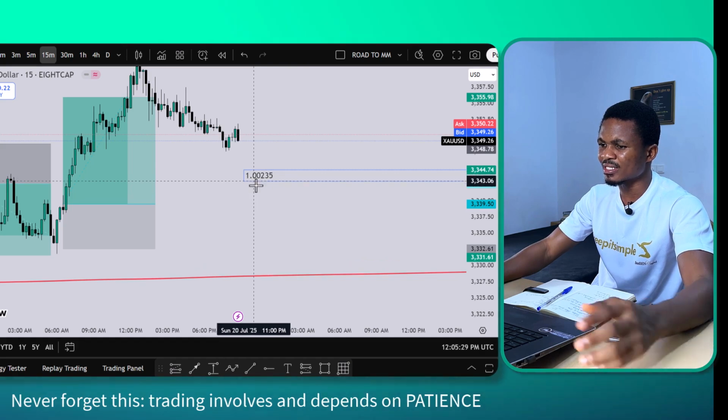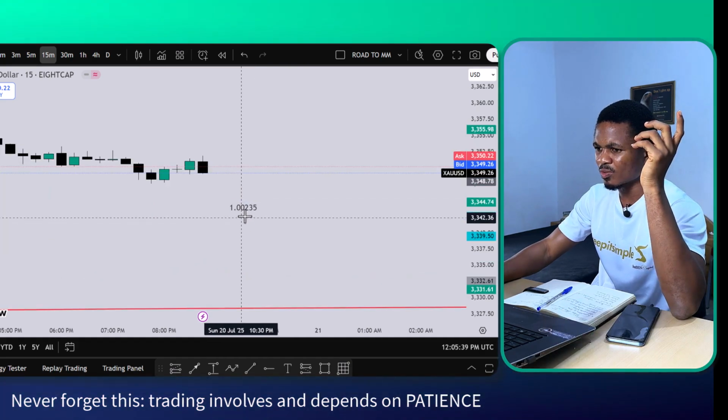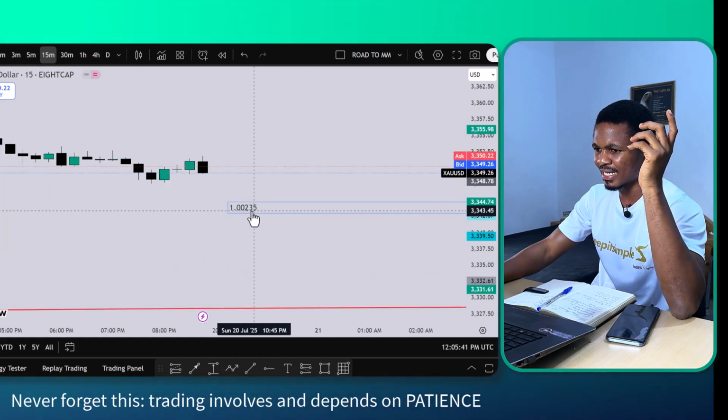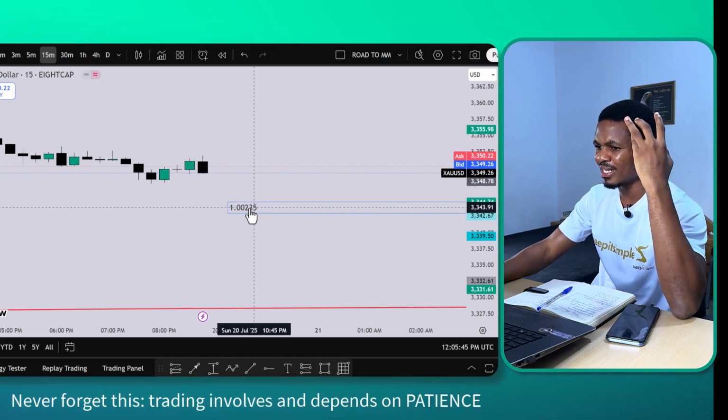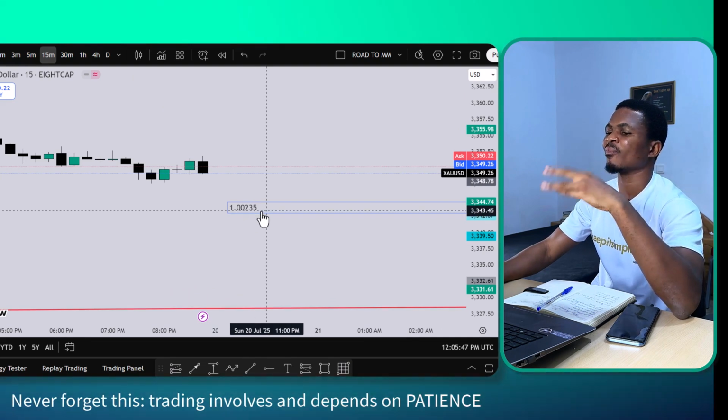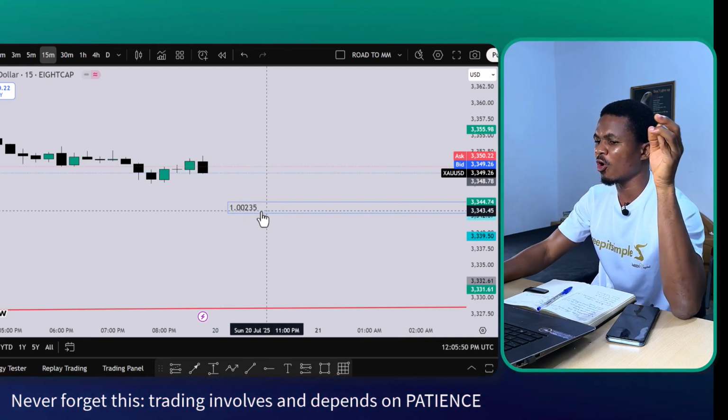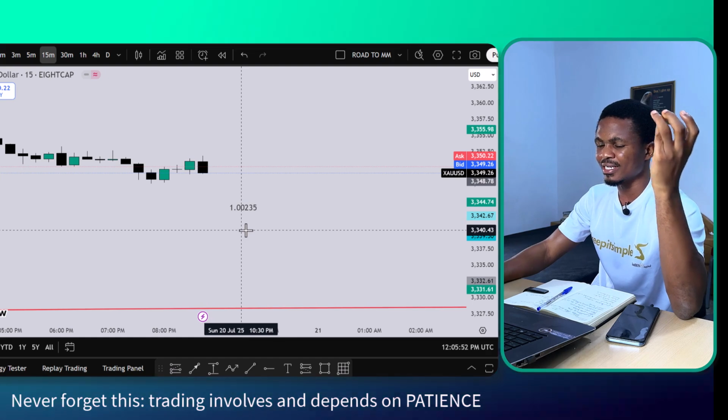The first one is 0, the second one is 0, the third one is 2, the fourth one is 3, the fifth one is 5. But then we are calculating our pip value from the fourth decimal place. That is generally for all currency pairs, but gold is different.